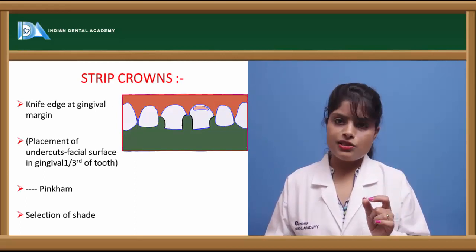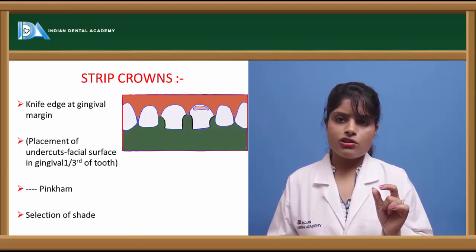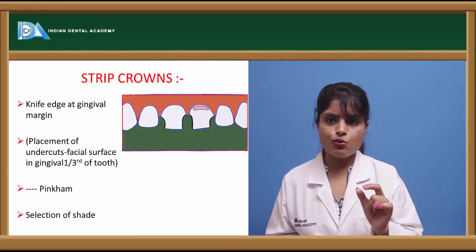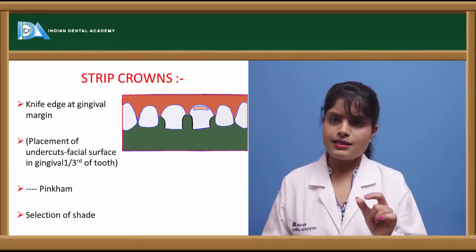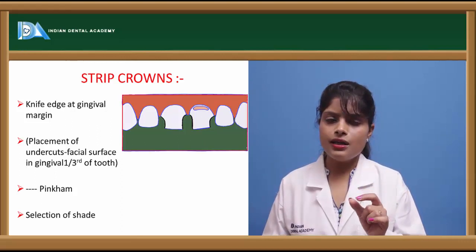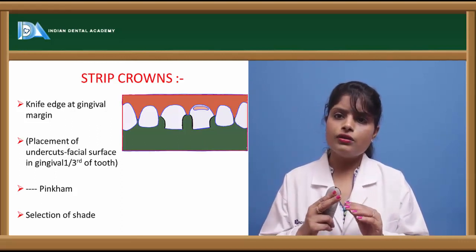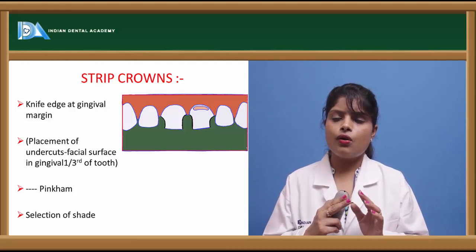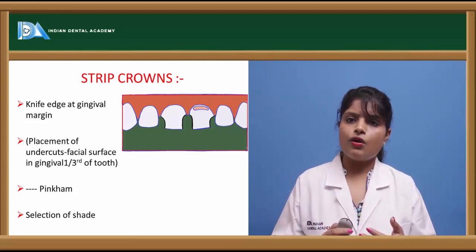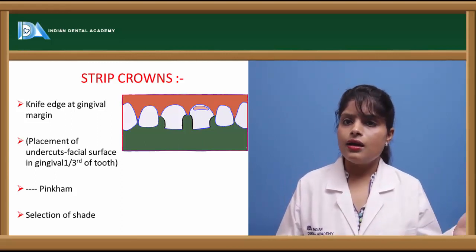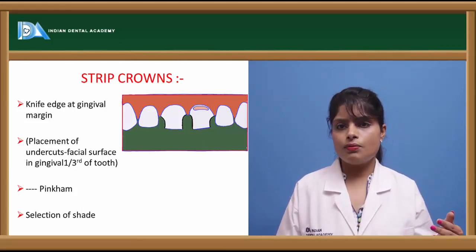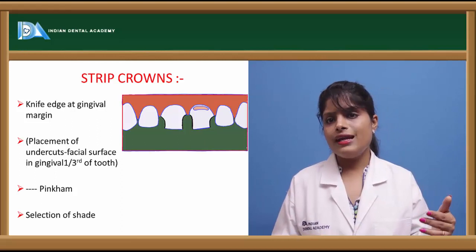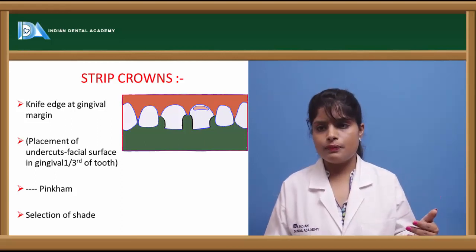Then we'll go for measuring the crown, and the approximate size of the crown is matched with the tooth. After matching the crown size, the placement of the crown is done. The excess at the cervical line of the strip crown is cut by means of crown cutting scissors, and a vent is created on the mesodistal angle of the strip crown for escaping of any excess composite material.